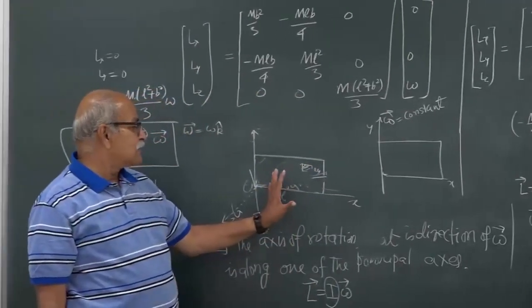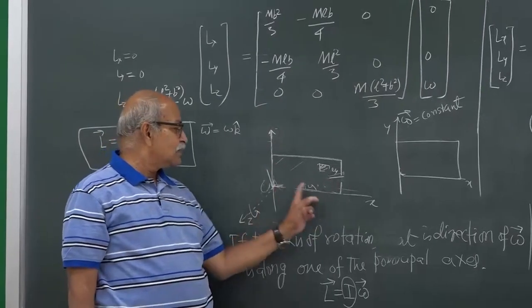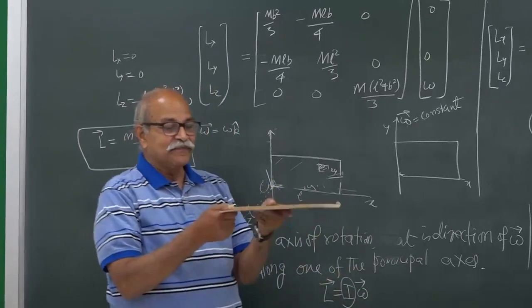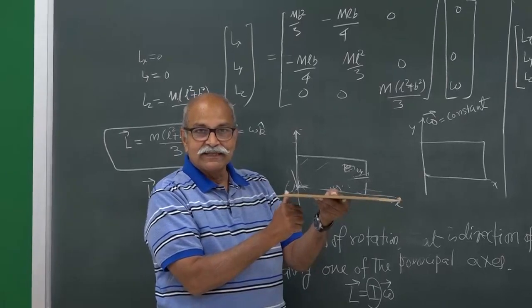As the plate rotates, the x axis was along the length. So if this is the plate, this is the x axis along the length and y axis is here.